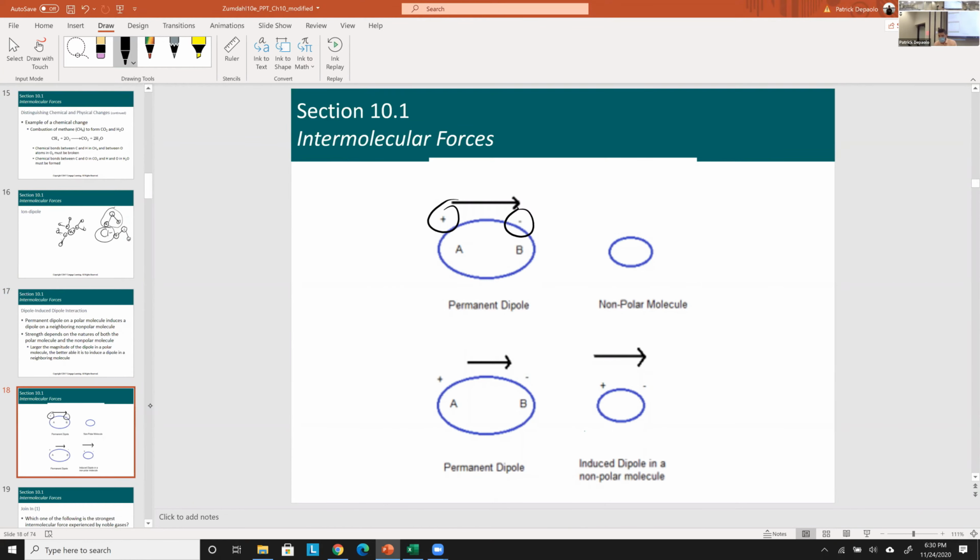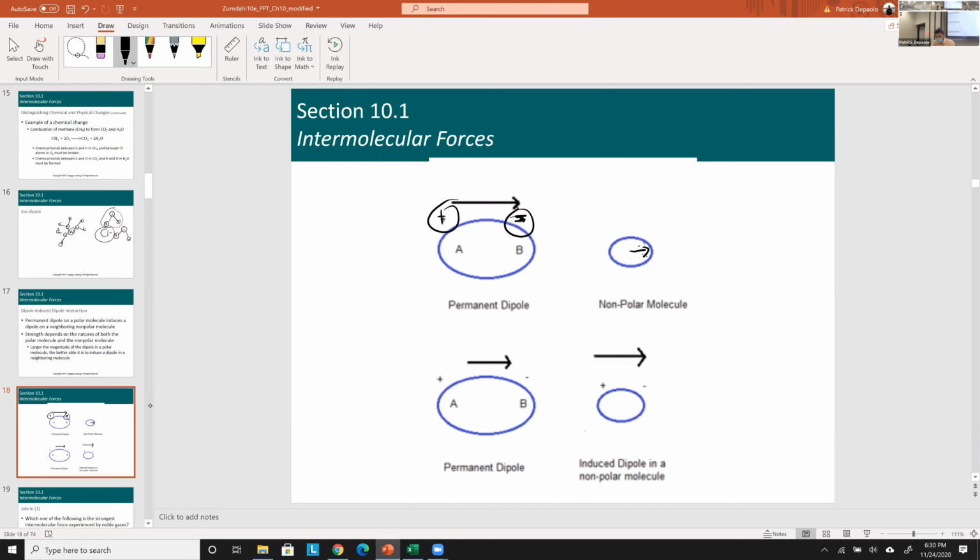What happens is, because the permanent dipole comes close by and the minus is over here, the electrons in the nonpolar molecule are going to want to shift this way. They're going to want to shift to the back to get away from this negative end. This is negative and this is positive if you can't see. And that's going to temporarily shift the electrons.